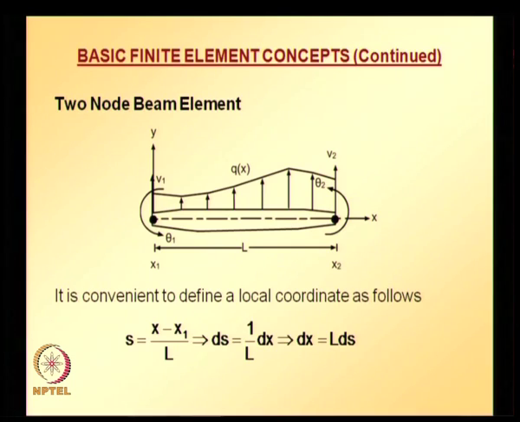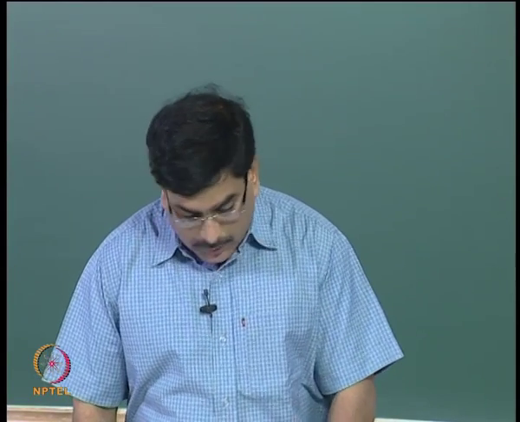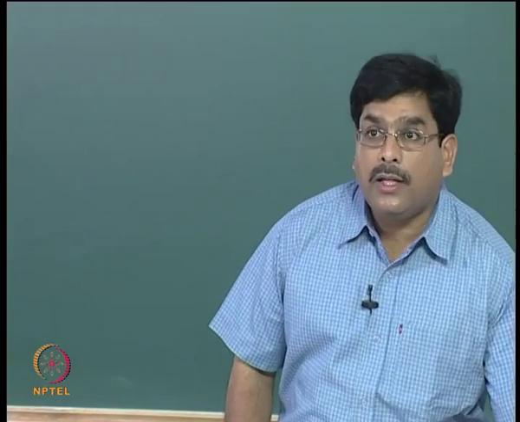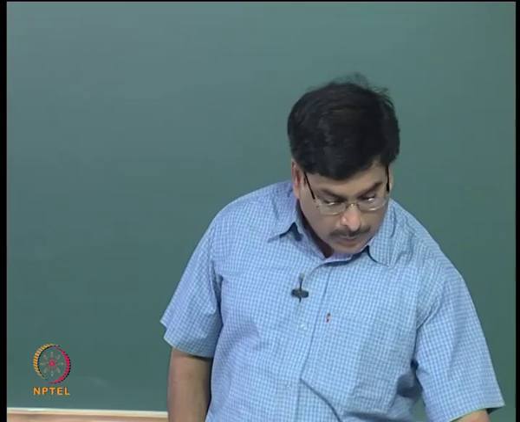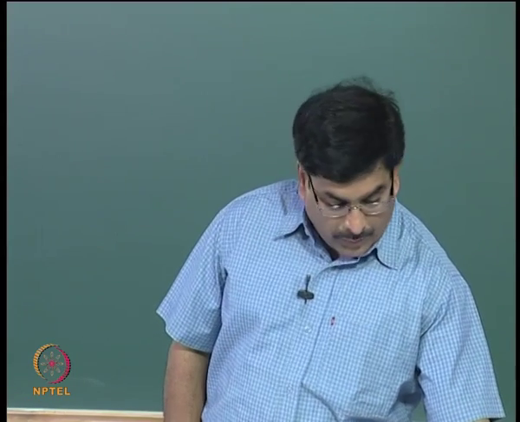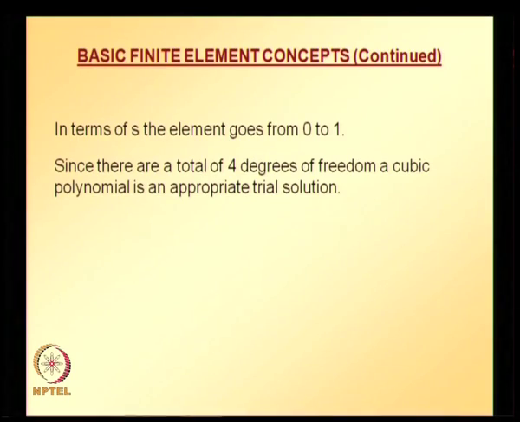Okay, so in terms of s, the element goes from 0 to 1, that is what I just explained, and since at each node you have 2 degrees of freedom, a total of 4 degrees of freedom are there. So we need to choose a cubic polynomial, and a cubic polynomial is an appropriate trial solution.